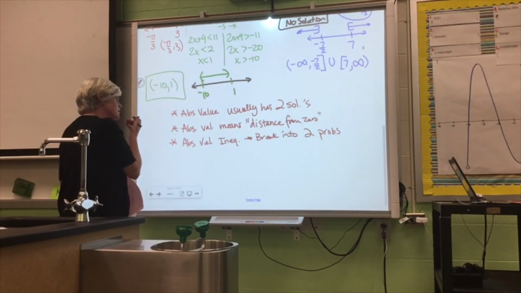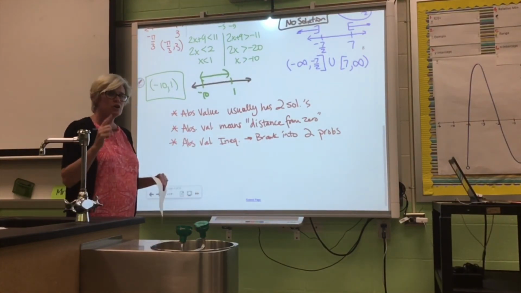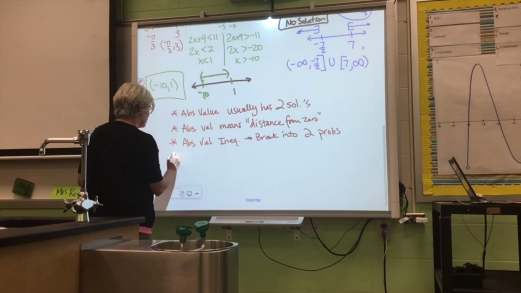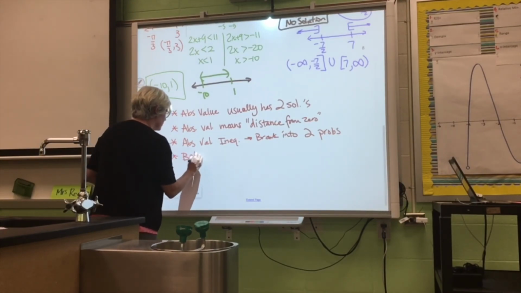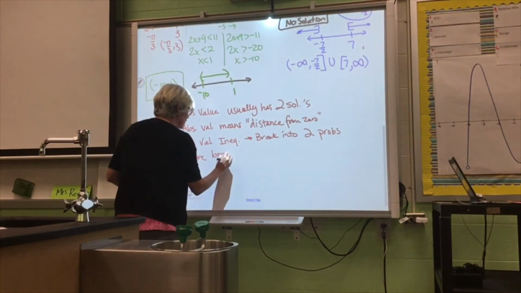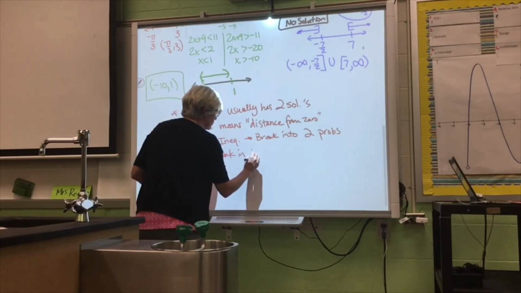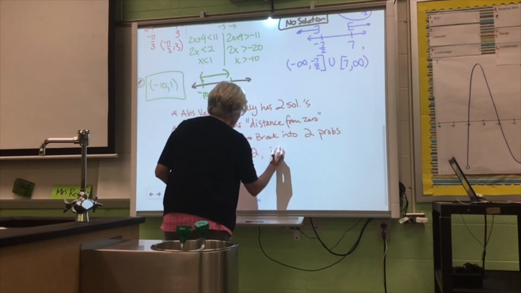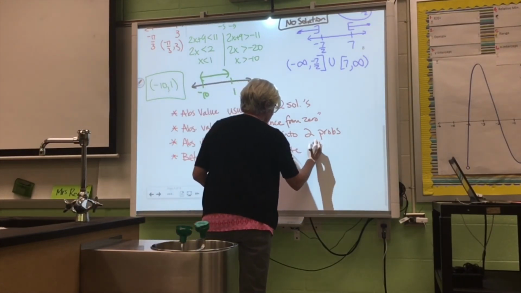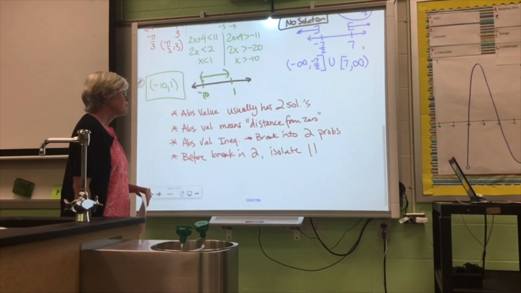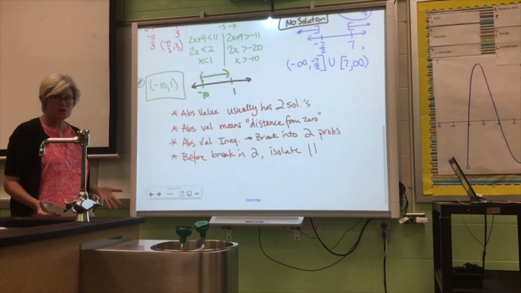And you might say that before you break it up, you have to isolate the absolute value. So before breaking into 2, isolate the absolute value. Those would be my suggestions for a summary.